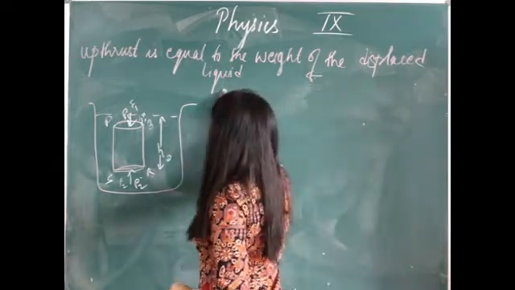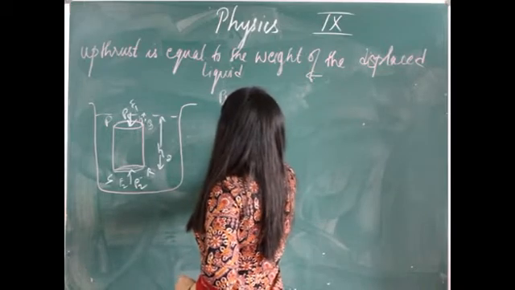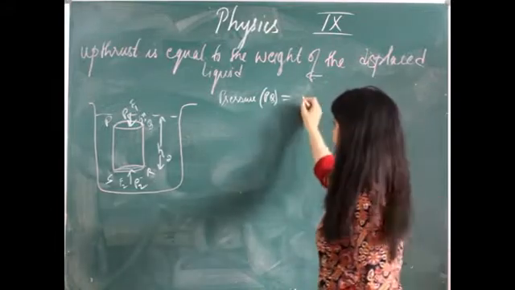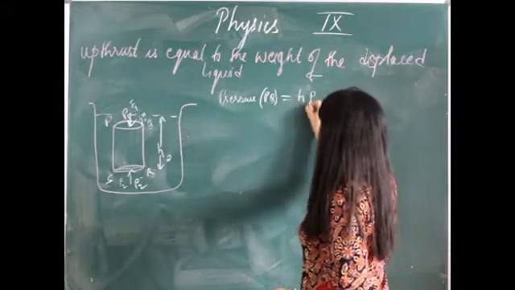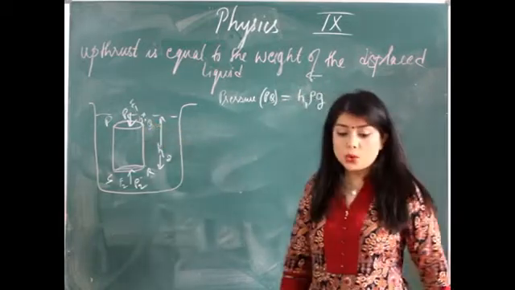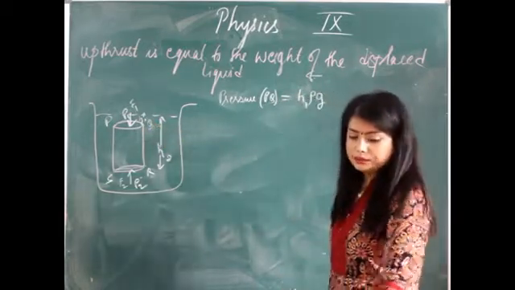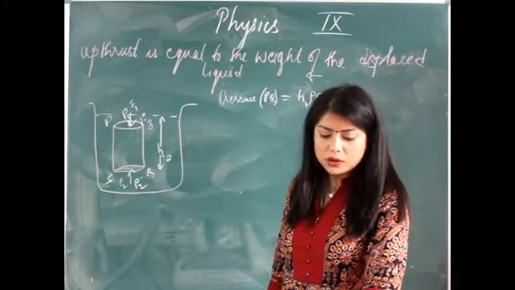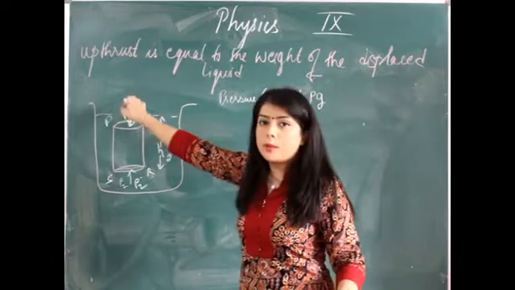The formula of pressure is H rho G. So on the upper surface it is H1 rho G. Now the downward thrust on the upper surface PQ means the force on the upper surface.